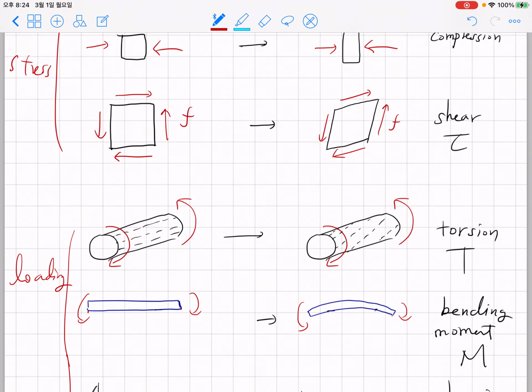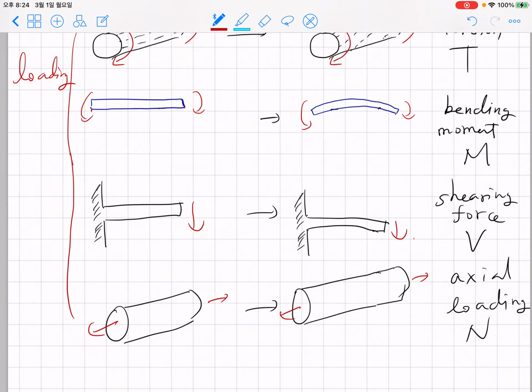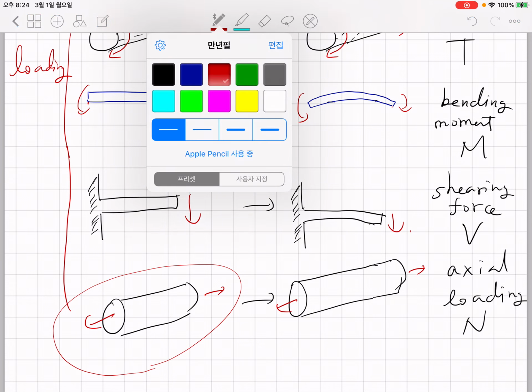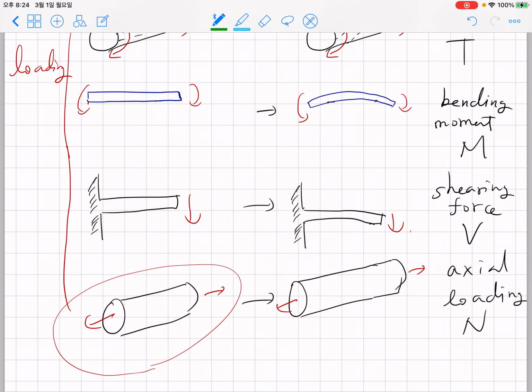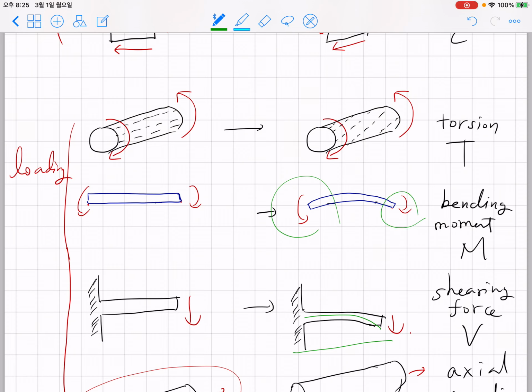About the loading mode, let me give you some highlights. Maybe back in freshman physics and high school physics, you only learned about tension or compression. This is axial loading. But in addition to axial loading, you're going to learn about shear loading, the shearing force, where you can bend the beam in this way, which is bending.